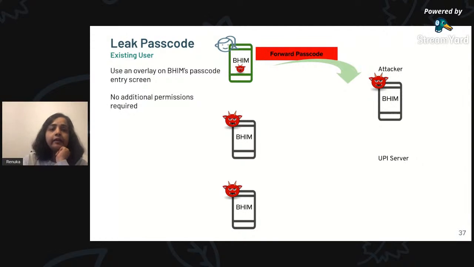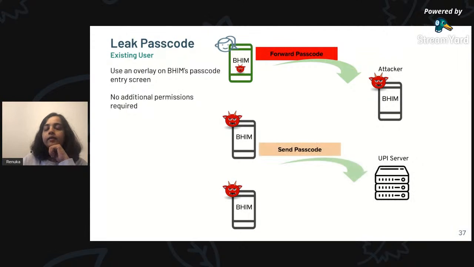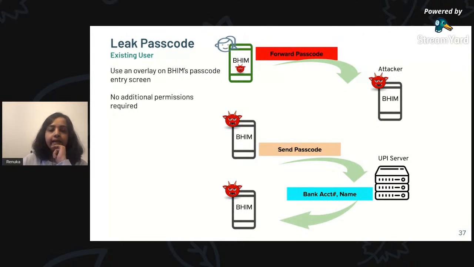At the time of entering the passcode, the malware on the user's device draws an overlay on the app's login screen and simply intercepts the passcode. The intercepted passcode is forwarded to the attacker, and the attacker can now enter the passcode, and the UPI server will finally provide the bank account number and name. The overlay screen that we tried did not require any additional permissions on behalf of the malware, so it was rather trivial.